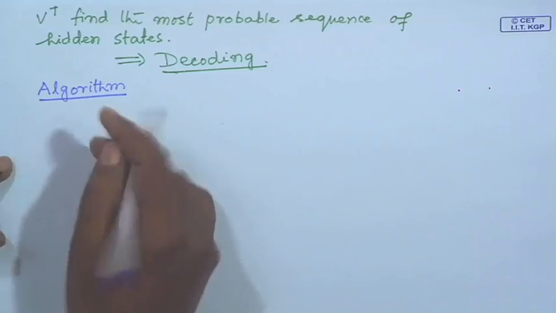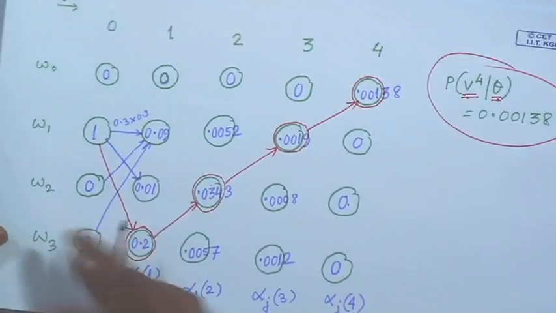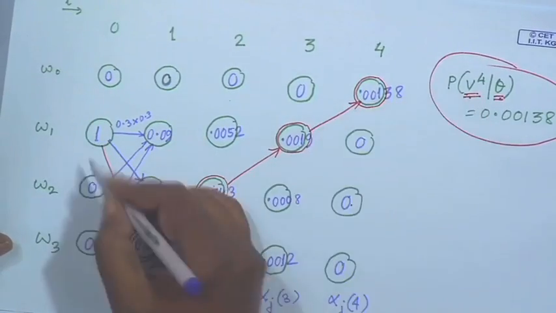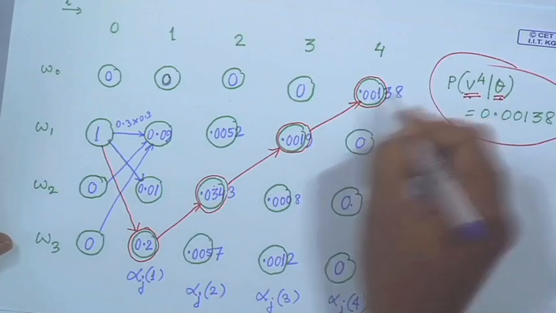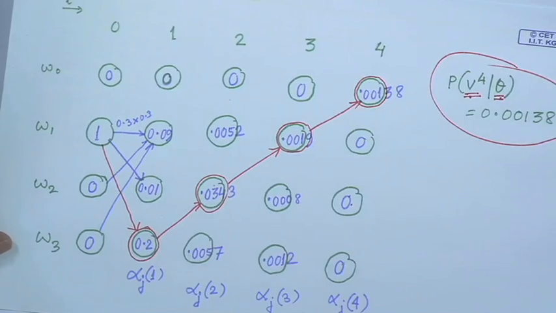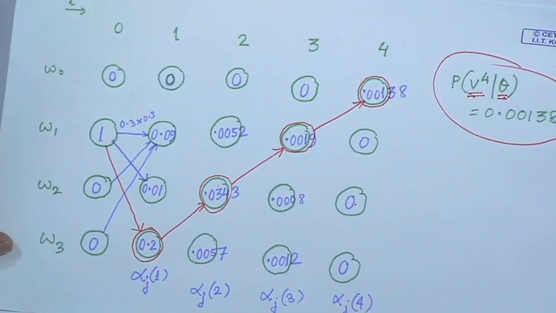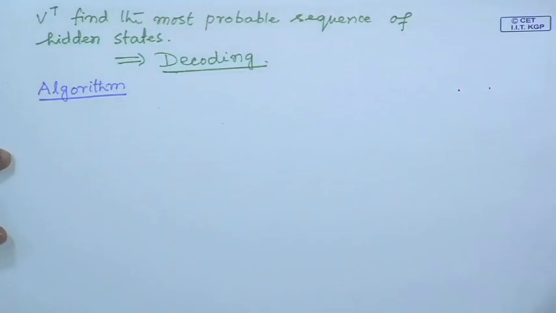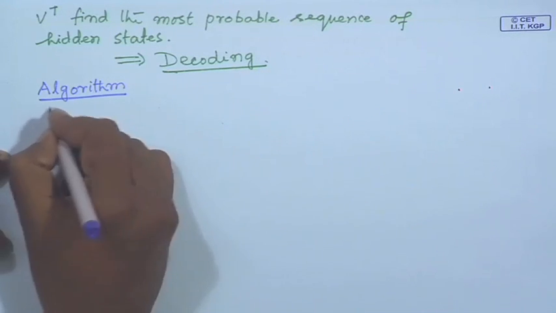So, in the algorithm, basically what I am trying to do is find the most probable path, which is nothing but the sequence of hidden states through which the model will make transitions. So, I will have, as before, an initialization step.